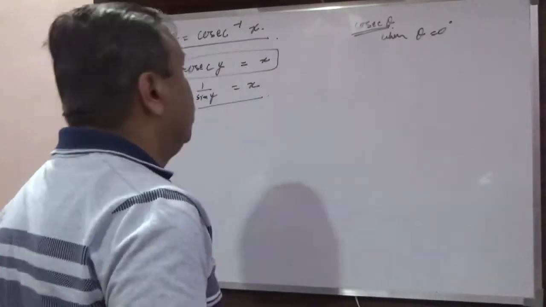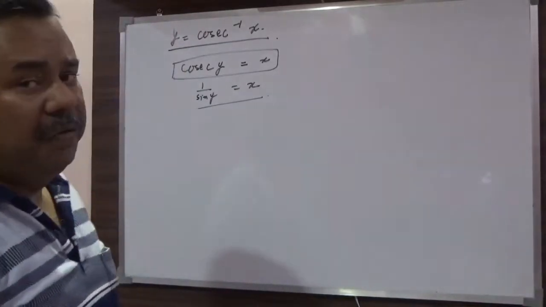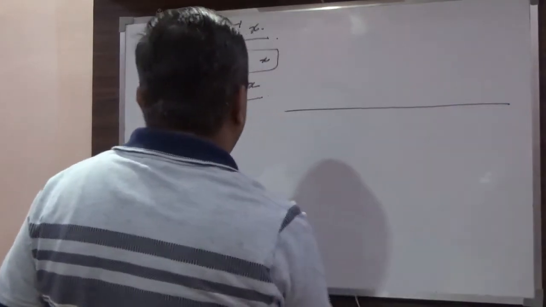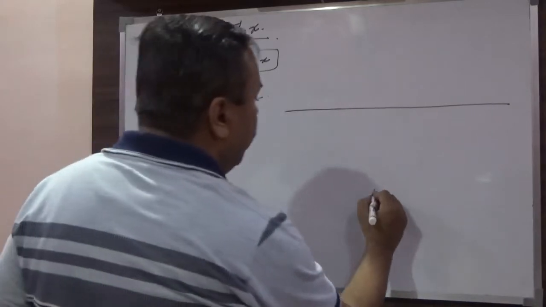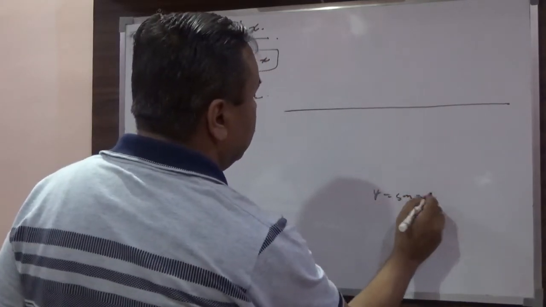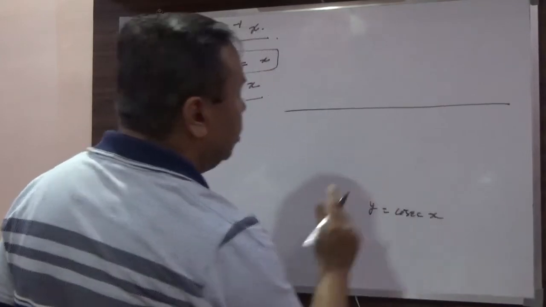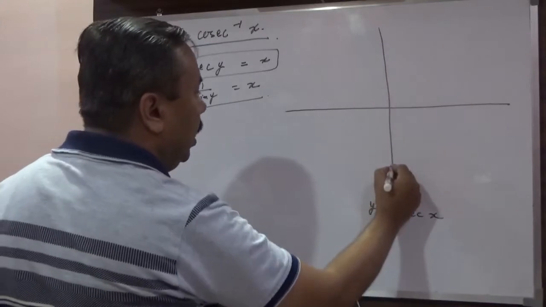That means, how was the graph made? I am making the graph of y equal to cosec x.